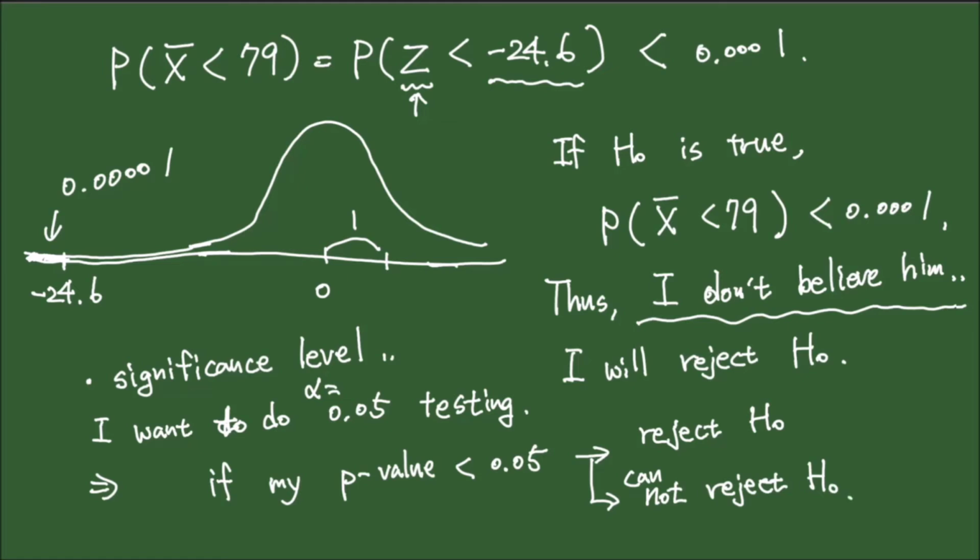So these are the statistical terms you should know in statistical testing about the population mean. Okay. The other situation is that previously we assumed we know sigma, so known sigma.